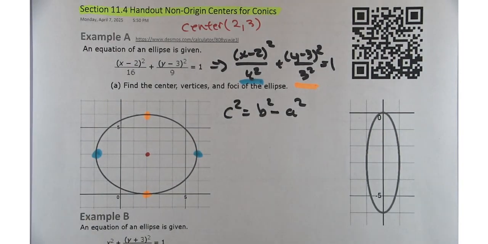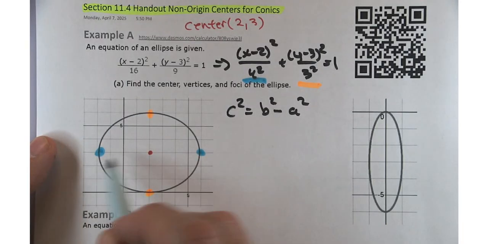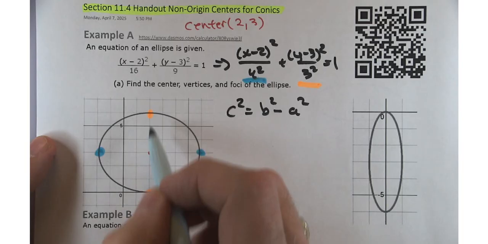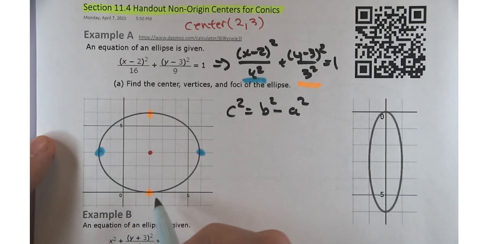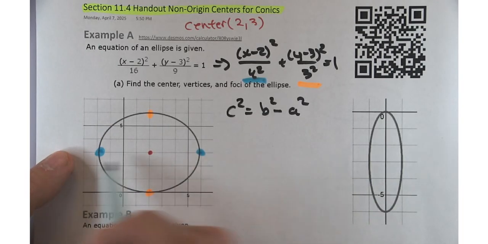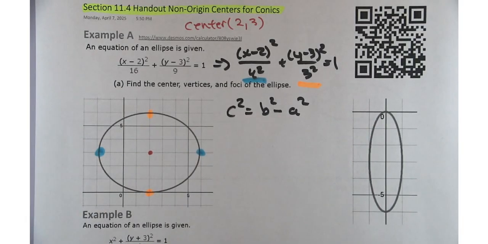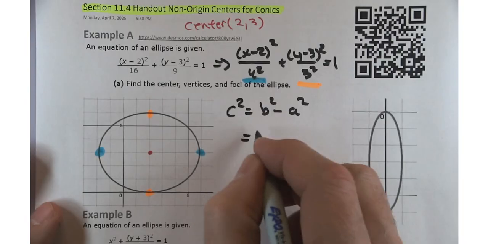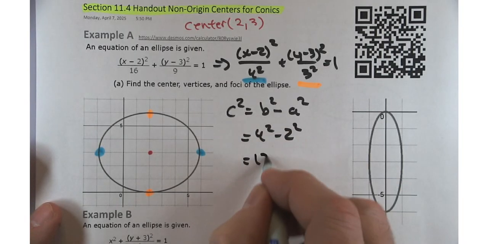Now what should happen is we should get foci that are inside the ellipse. Now if you try and graph it on the minor axis, you might run outside the ellipse. If you have a plus here instead of the minus, again you're going to get foci outside the ellipse. It should be on your major axis, a distance of c away from the center. So that's going to be 4 squared minus 2 squared, or 12.